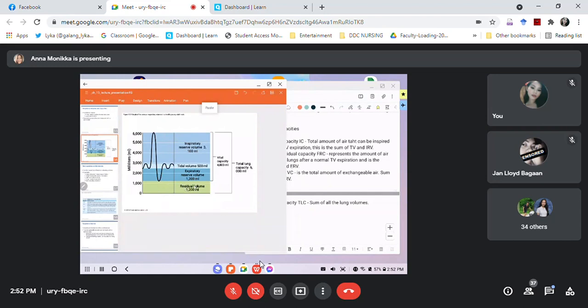Then from 1,200 up to 2,500, that's your expiratory reserve volume. This area here is your tidal volume, which is your normal breathing. Above that is your inspiratory reserve volume. From this bracket, this is your vital capacity. And then this is your total lung capacity, the sum of all your volumes.